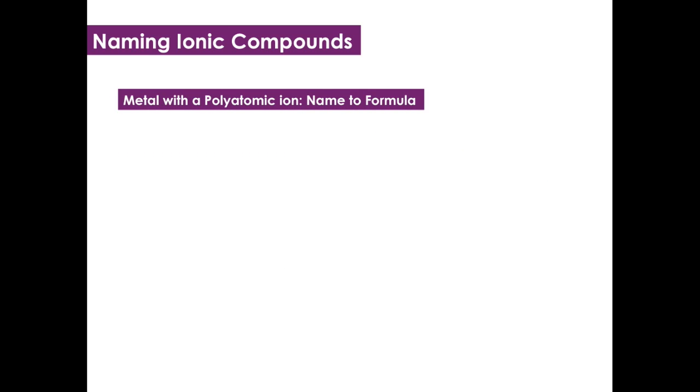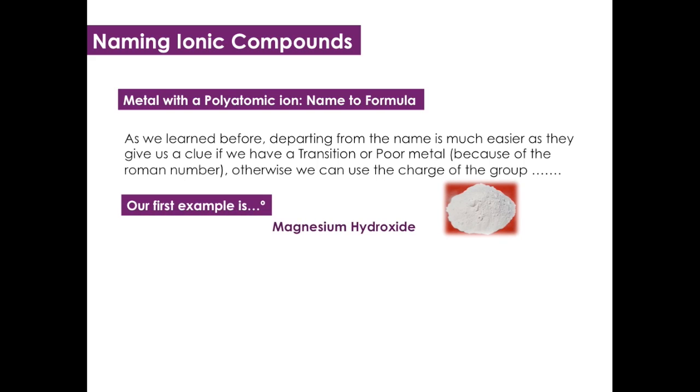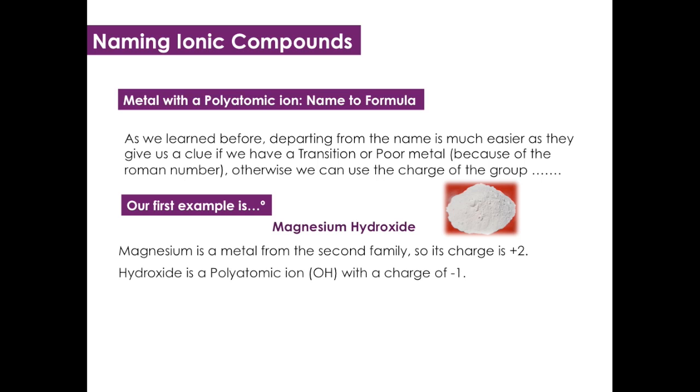Now let's have a metal with a polyatomic ion, starting from the name and getting the formula. As we learned before, departing from the name is much easier, as they give us a clue if we have a transition or pure metal because of the Roman number. Otherwise, we can use the charge of the group. Our first example is magnesium hydroxide. Magnesium is a metal from the second family, so its charge is positive 2.